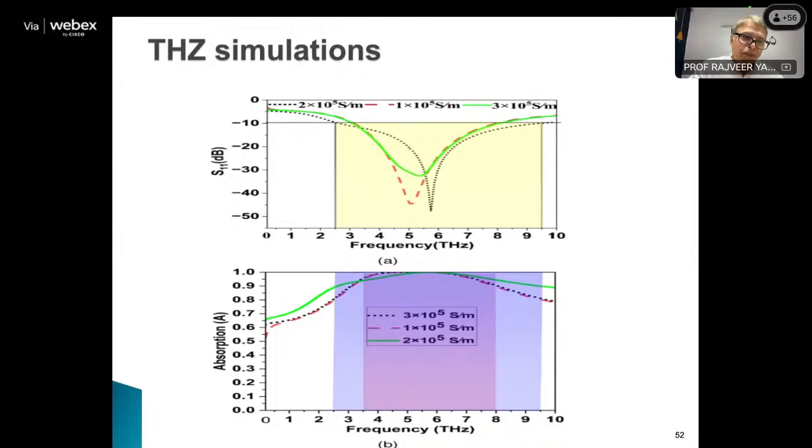Now, on the top graph, there is a shift in frequency here. So we are targeting the shift in frequency, and here we are targeting the absorption. Targeting the shift in frequency and the absorption behavior is in the designer's hand. So the designer can alter any of the parameters required to develop a terahertz blood glucose sensor.